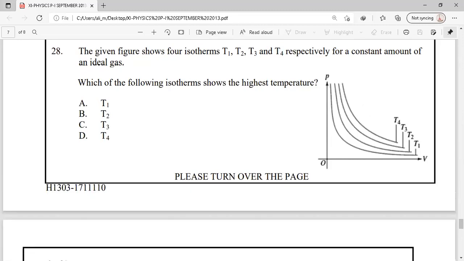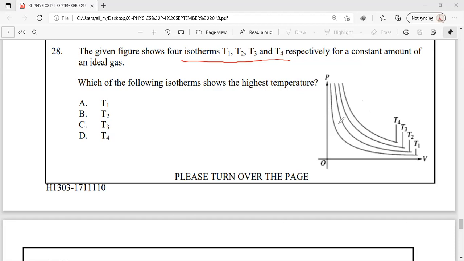Then we have question number 28. The given figure shows the four isotherms T1, T2, T3, and T4. Each isotherm has a constant temperature. Which of the following isotherms shows the highest temperature?